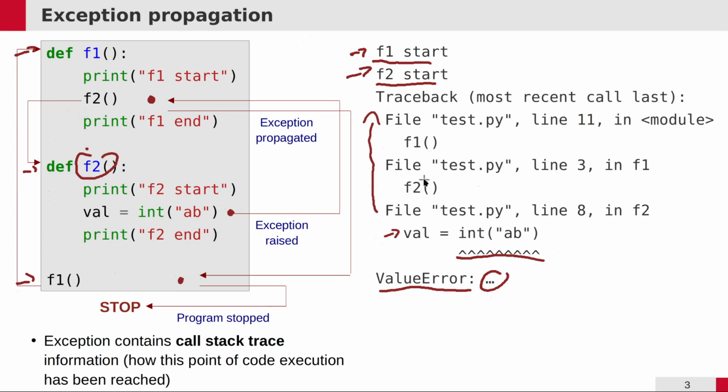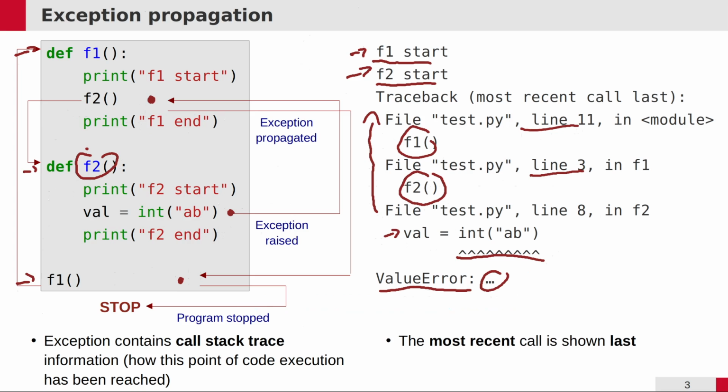So this line was in the routine f2, which was called as f2 in line 3, which was called as f1 in line 11. So as part of the error message itself, we also get information about how we reached this point, the series of calls which led us here, which can be super helpful when we try to understand why the error happened.